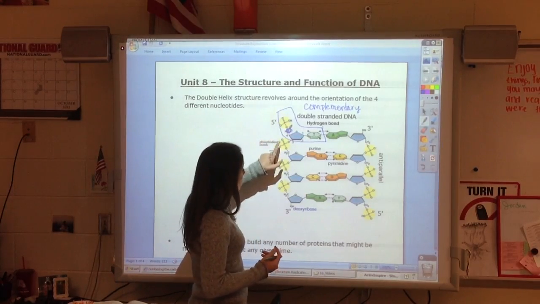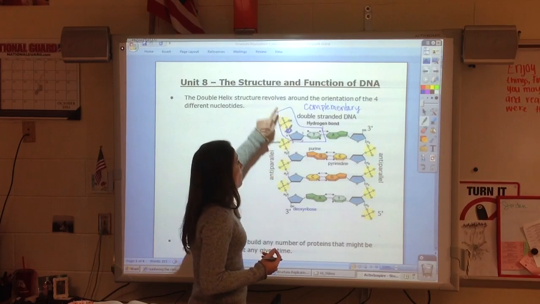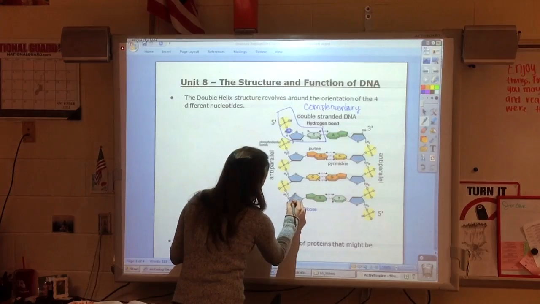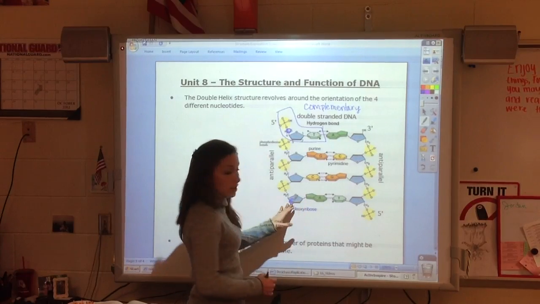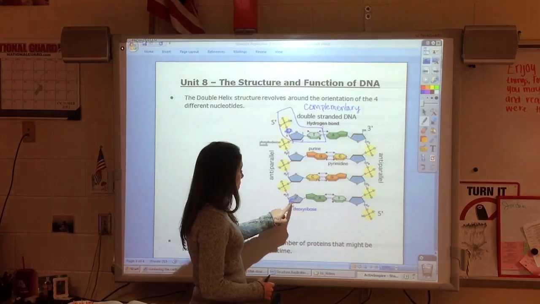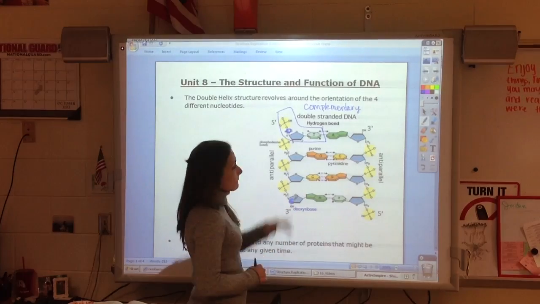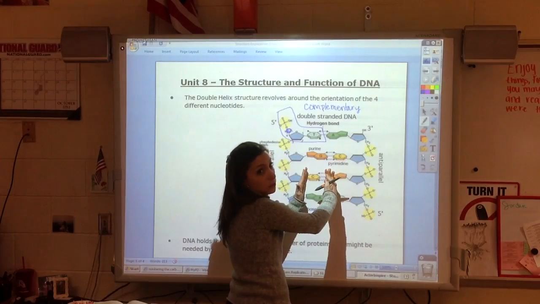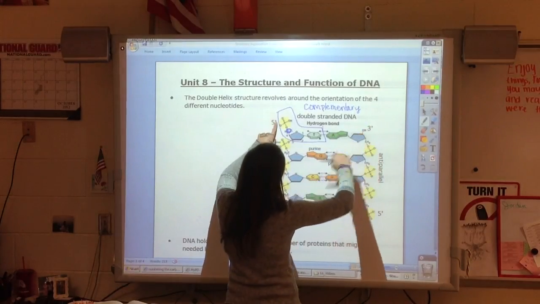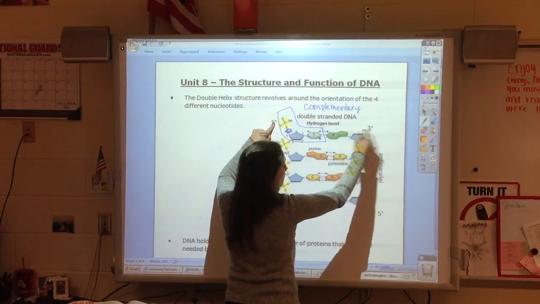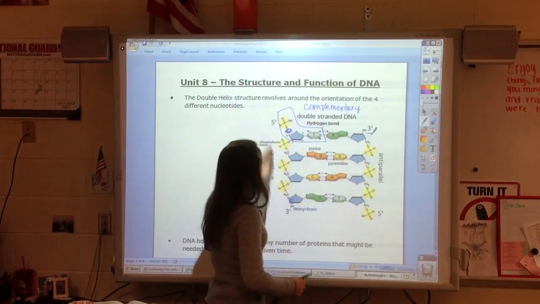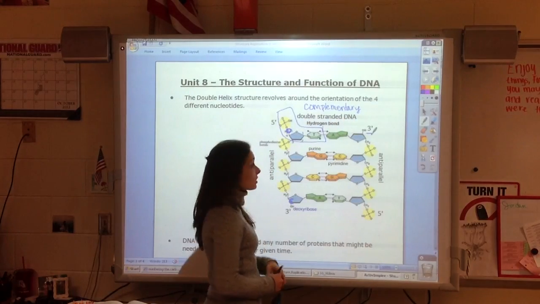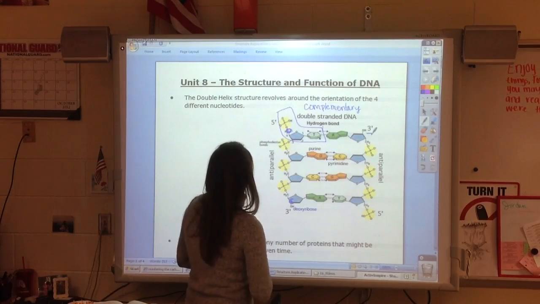Each sugar has a 5' and a 3', but at the top of this strand is the 5', and at the bottom of this strand, this carbon at this joint here in the hexagon, this carbon is the 3' end. And so the other side is running in opposite directions, so that the nitrogen bases are both on the inside. Whatever side is 5', its complement will be at 3'. So this is the 5' to 3' end, this is the 3' to 5' end. And so we do say that they are anti-parallel.